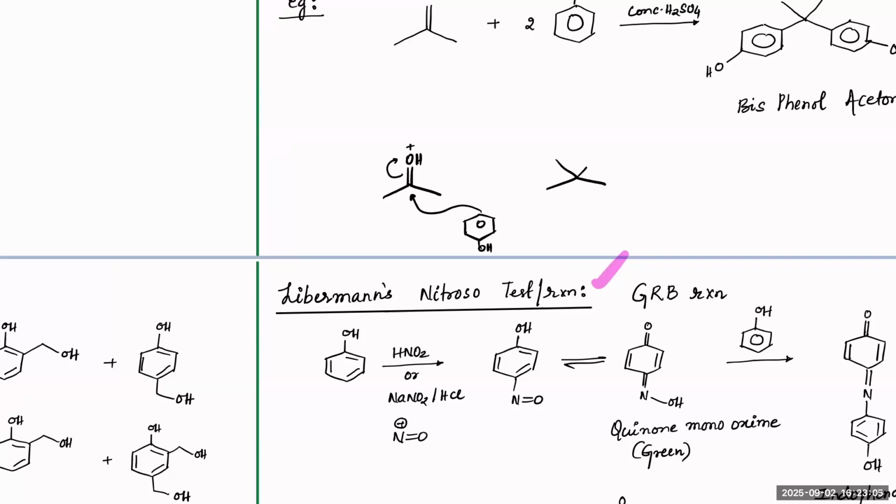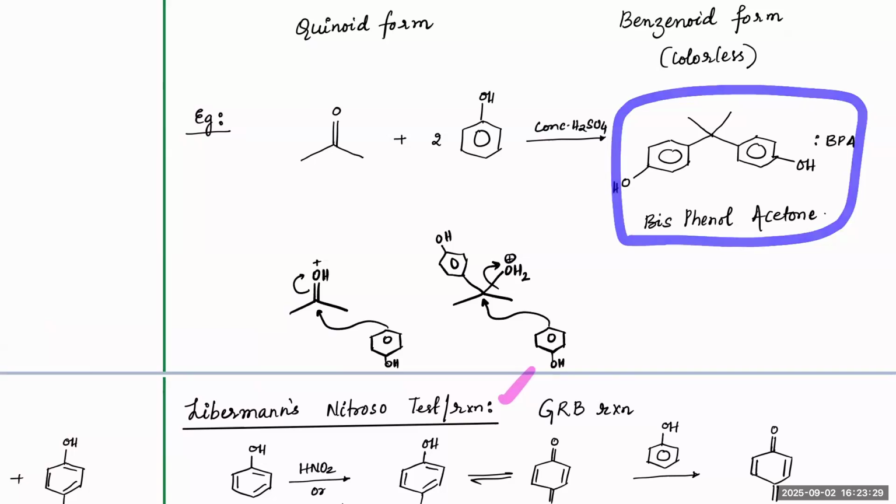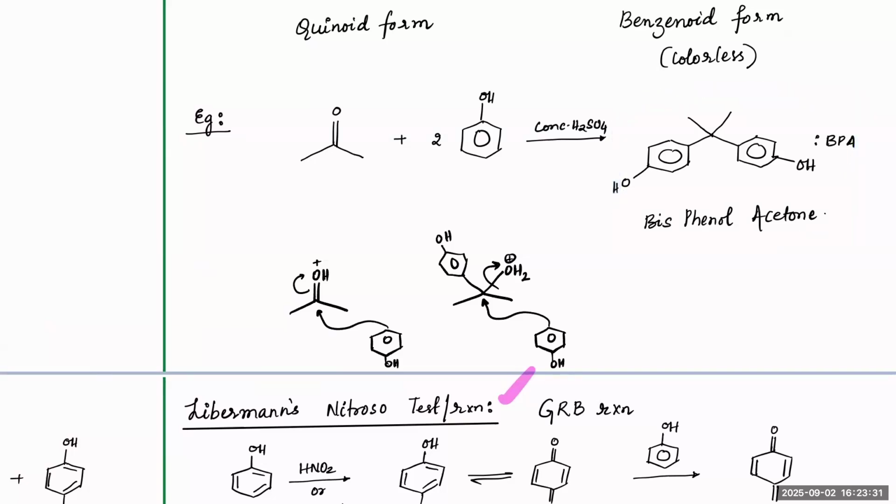So you will get one phenolic group here like this. And then we have OH. And if I do protonation, again OH2 will go and second mole of phenol will attack. So here also two EAS reactions will convert into this product, bisphenol acetone. Okay. BPA.